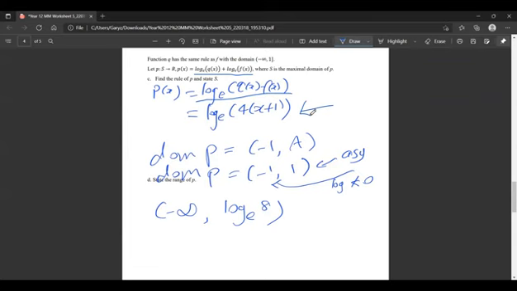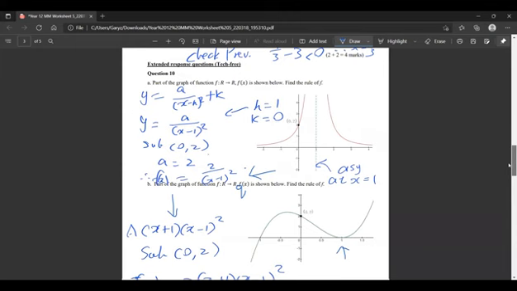But now S is the hard part. S is basically the domain of p of x. And we know that for any log graph, any value below 0 wouldn't work. So we already know the lower part of the domain is -1 exclusive, because if x equals -1, then we will have 0, which makes this undefined. But what about the higher value? Traditionally in this graph, it's infinity, but in this case, we have to consider the domain of the previous two functions.